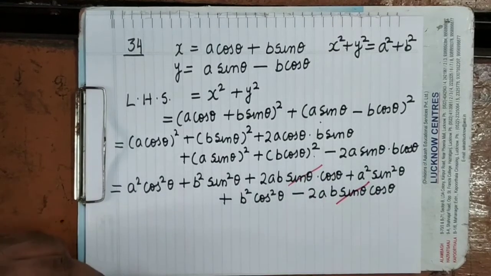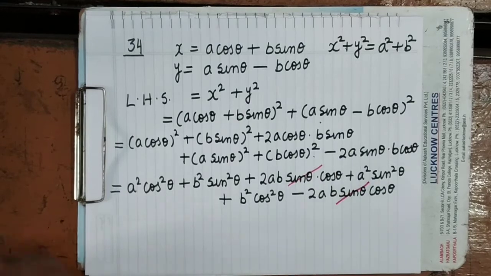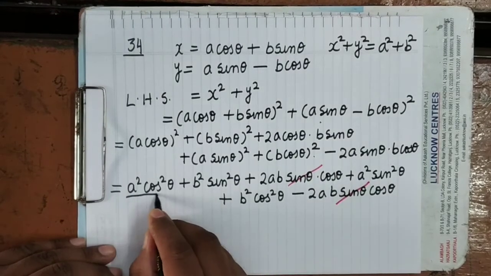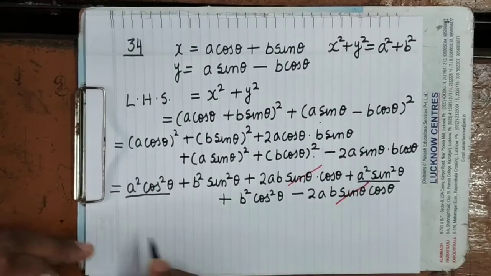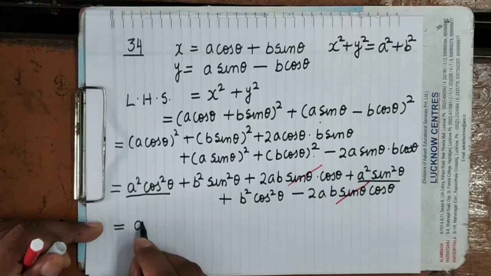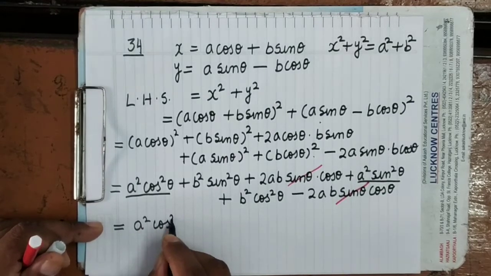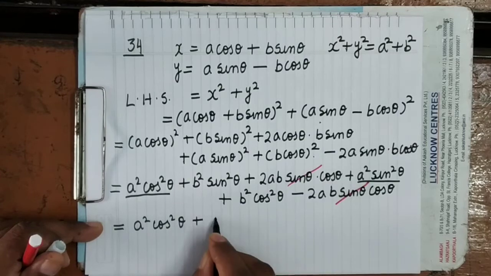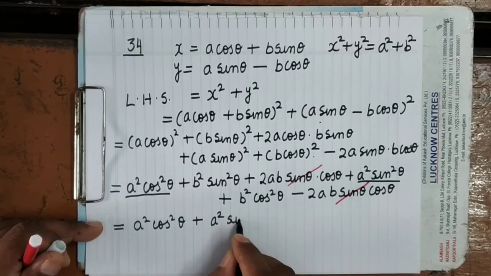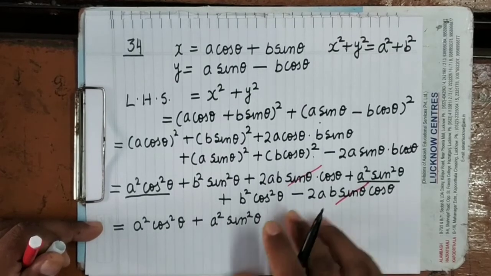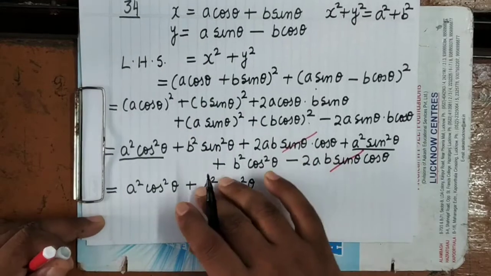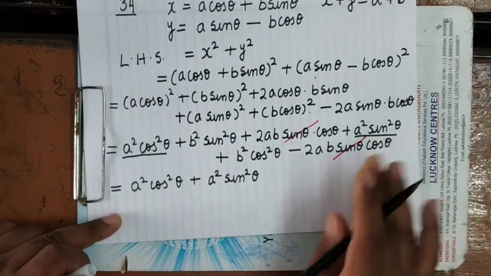What will you do? You write the terms of a square together. One term is this, other term is this. You write at one place: a square cos square theta plus a square sin square theta. Then you write the terms of b square also together.